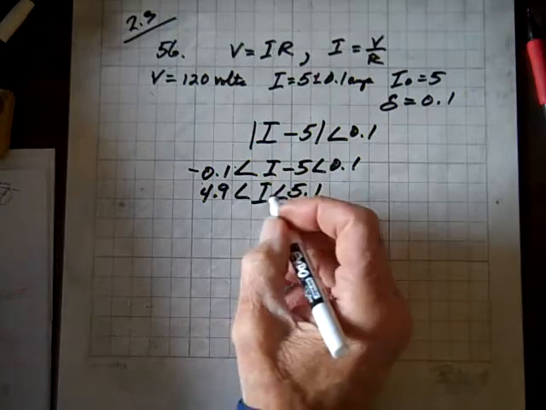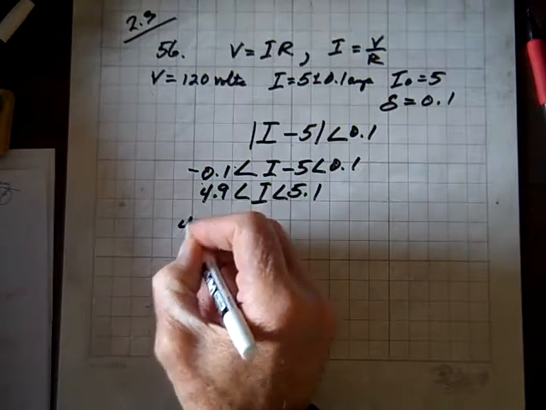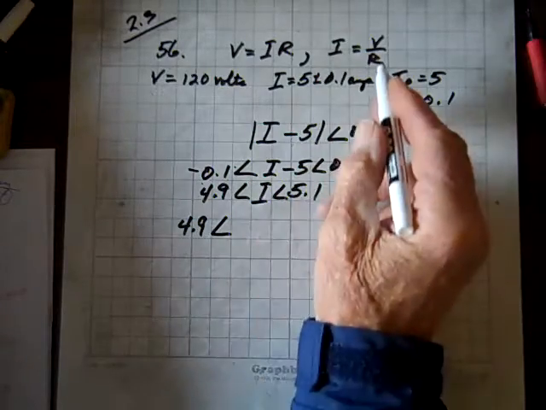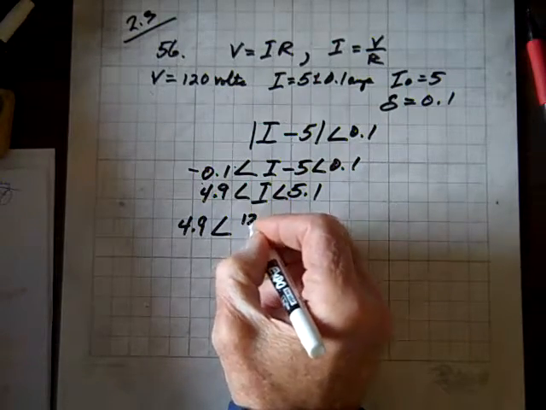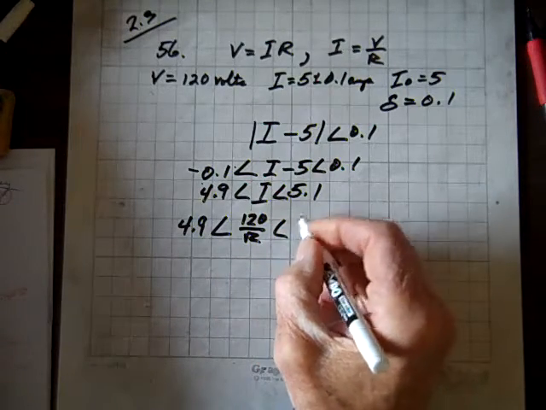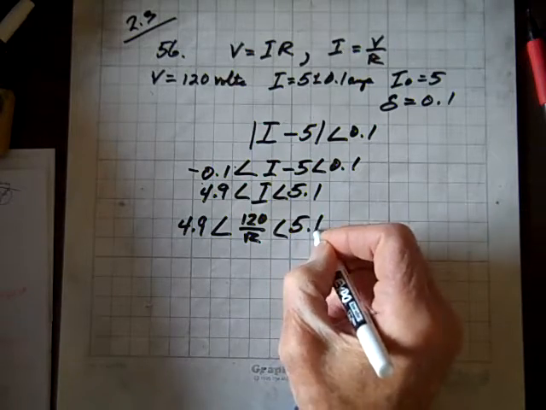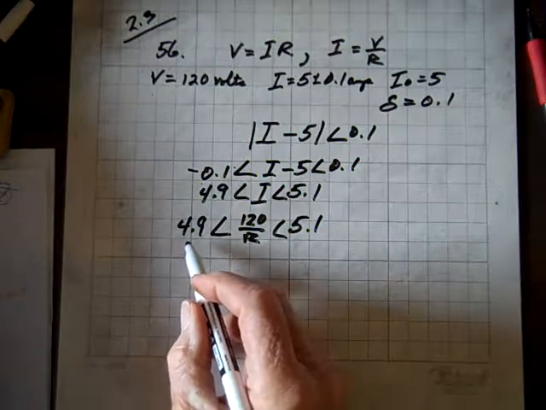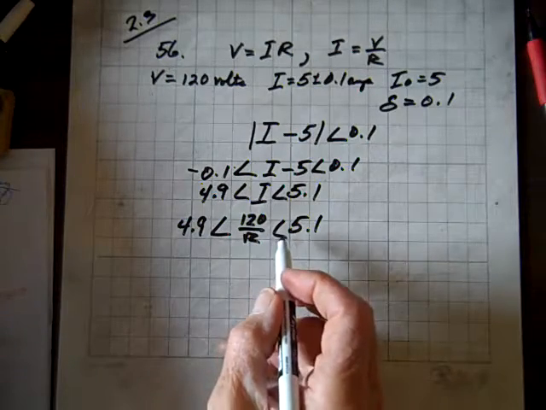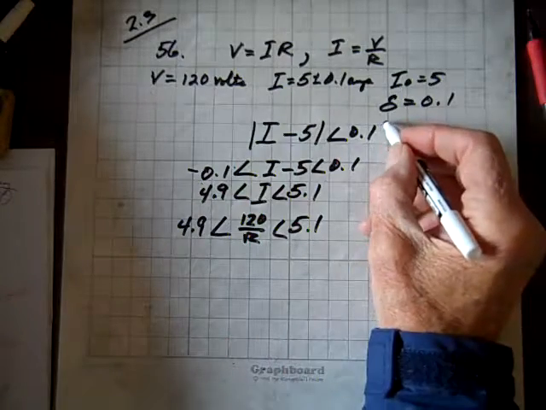Now let's replace I with V over R. So 4.9 is less than, and our voltage is 120, 120 over R, which is less than 5.1.